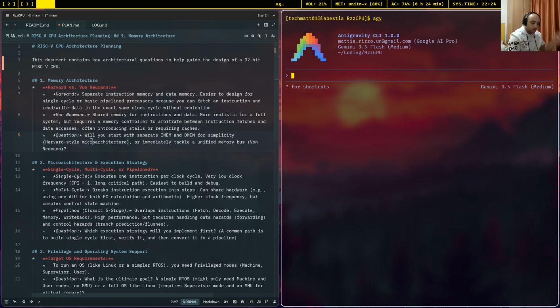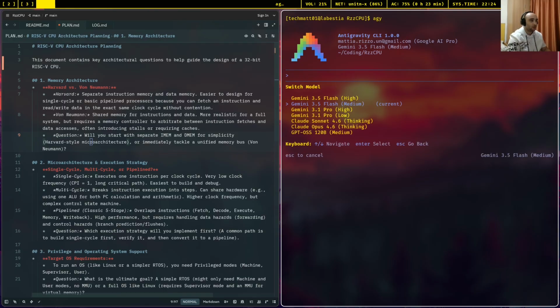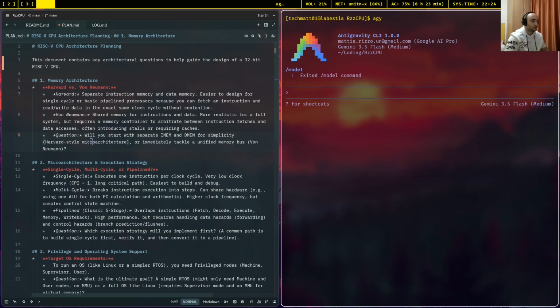Let's actually, first of all, let me see which model here is selected. Oh, we have also Claude, I didn't know about that. Okay, since we are with Flash, let's keep using Flash. Get up to date with the code base.